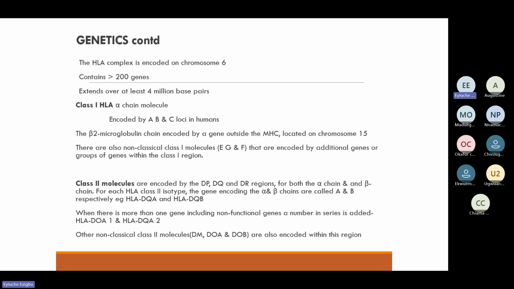When there is more than one gene, including non-functional genes, a number in series is added to be able to differentiate these genes. So these are some of the genetic nomenclature we use to differentiate these molecules, or to classify the genes.